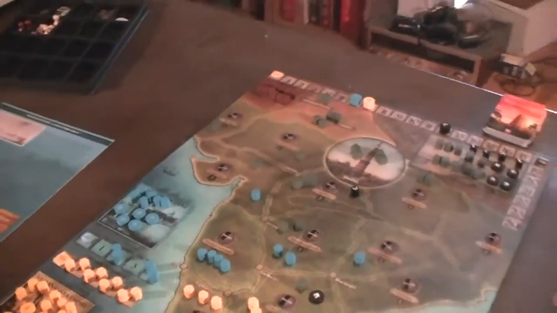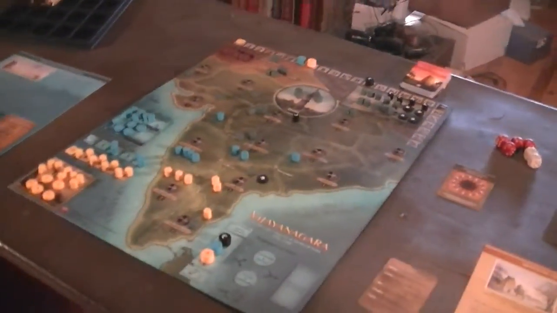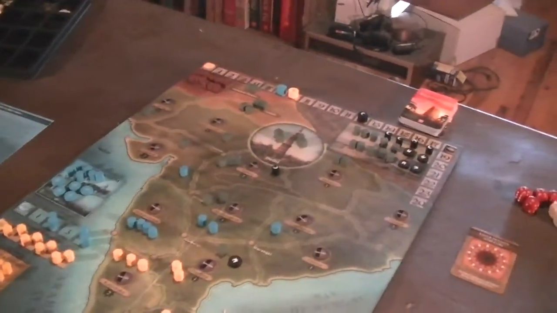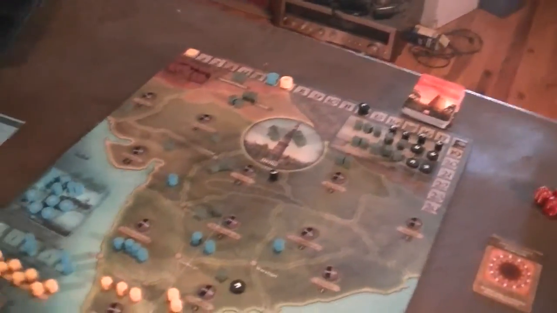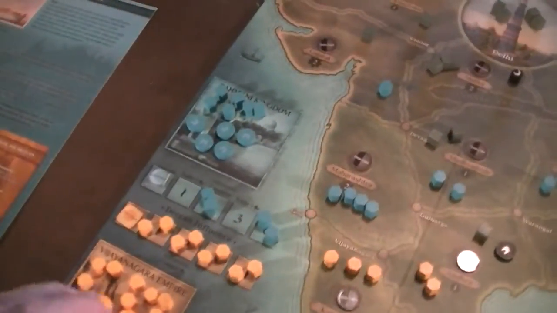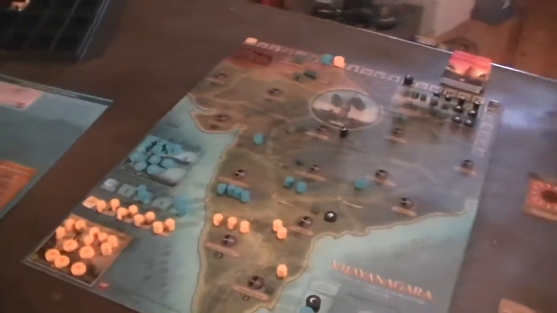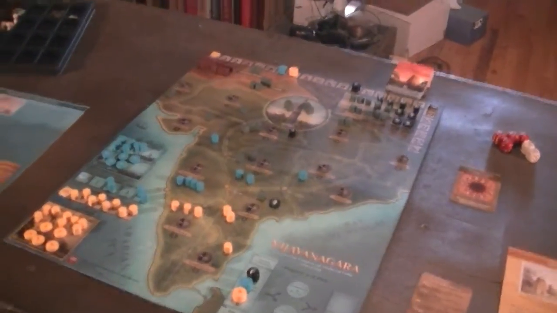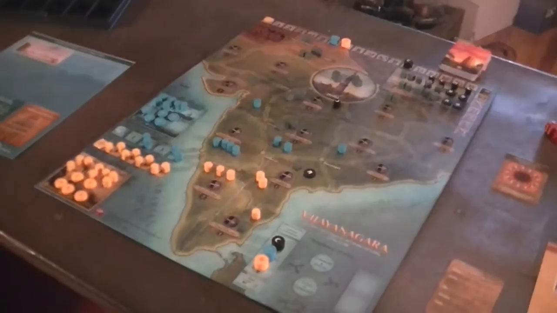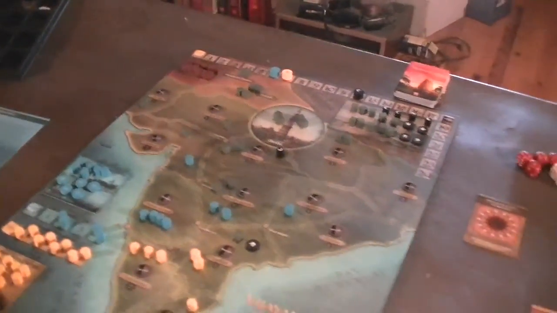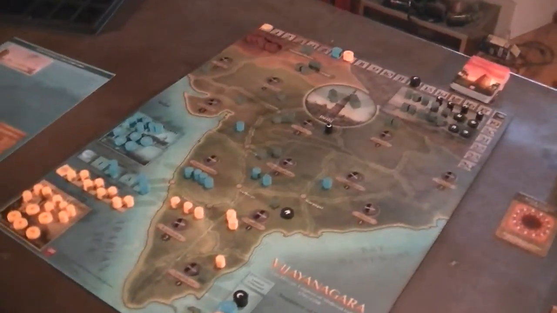Now, the truth of the matter is, the two rebel factions, the Bahmani and the Vijayanagara, are both starting at a position where they have power that isn't necessarily reflective of what they are, right?